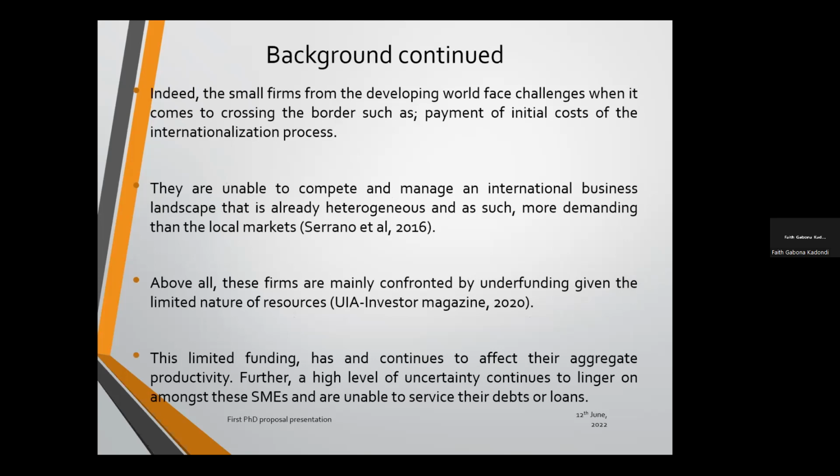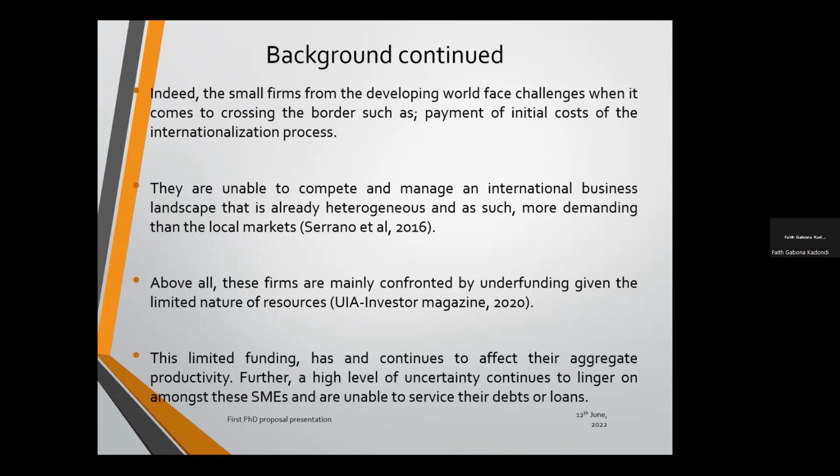So small farms from developing economies that are exposed to volatility, price fluctuations, limited capital, and getting involved in taking advantage of the entire internationalization process, you'll find that these SMEs are unable to compete and manage on the international business landscape, which is already heterogeneous and more demanding than the local markets, as observed again by Serrano et al. 2016.